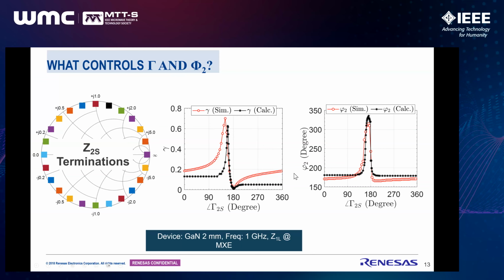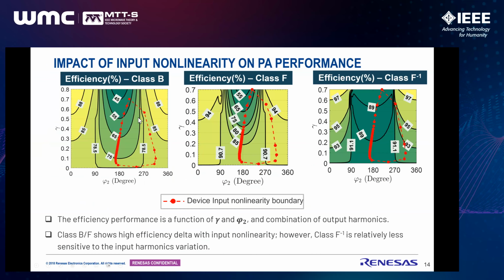Now the design space: if we plot that gamma and phi2 onto the efficiency for different classes of operation, we can see literally these are the possible efficiency regions we can extract by exploiting the input second harmonic source for a class B. Although there is an 88% possible region theoretically, practically we cannot realize that because of the CGS nonlinearity.